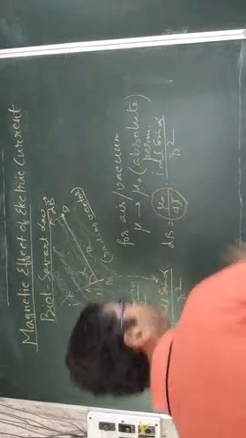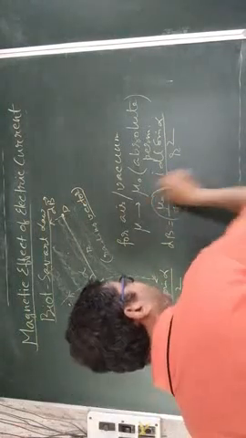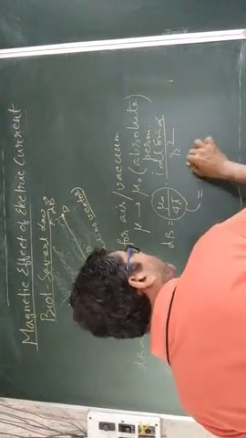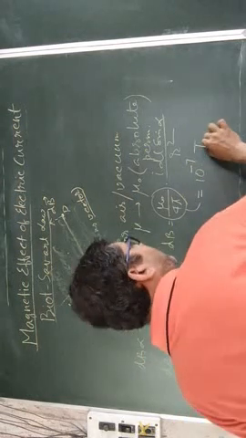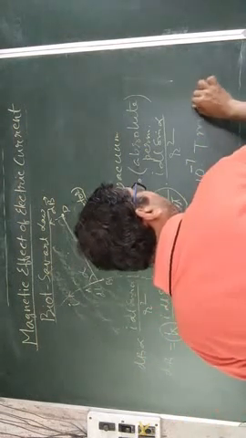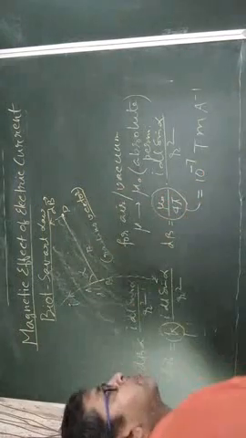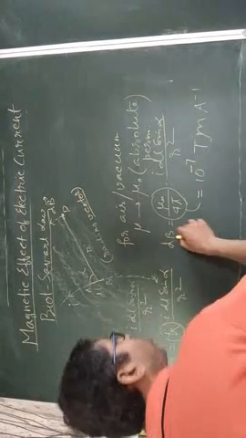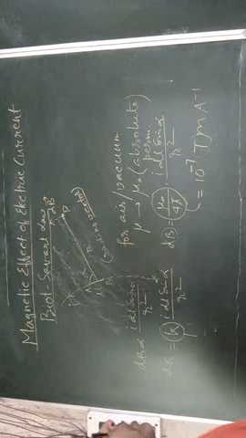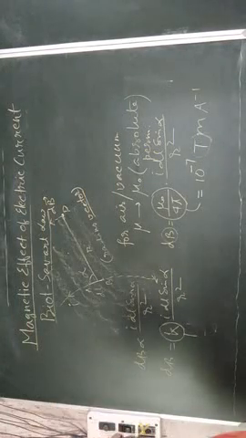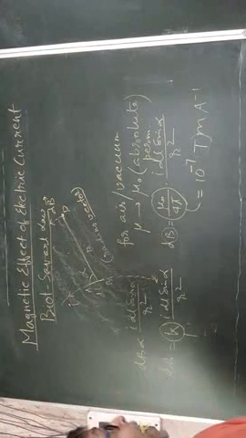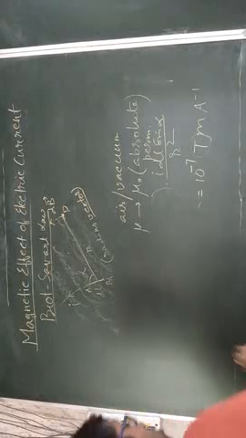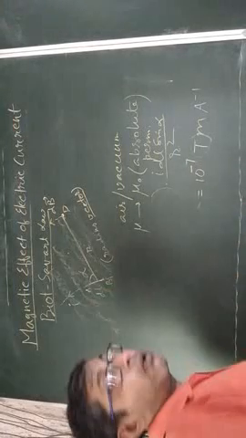The value of this whole constant part is equal to 10 to the power minus 7 Tesla meter ampere inverse. Tesla is the unit of magnetic field and the symbol of magnetic field is B. This is Biot-Savart law.